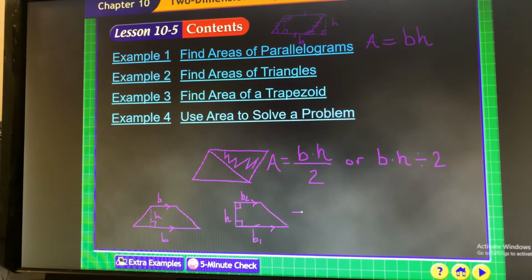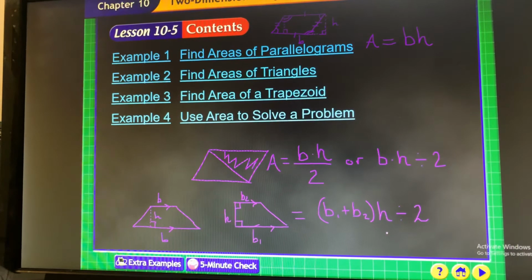So your formula for a trapezoid is base 1 plus base 2. Got to add those first. Then you're going to multiply it by the height. Then you're going to divide it by 2. So that's your formula. It's not that hard to remember.